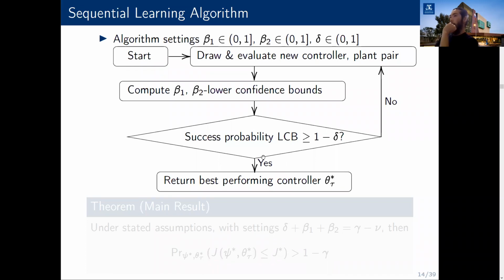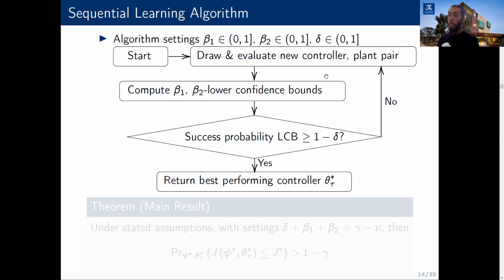So I can now give you a flowchart of what the algorithm looks like. At the moment, some parts of this algorithm might seem opaque because I haven't provided all the details yet. But the main things are you've got these algorithm settings, beta 1, beta 2, and delta. And this algorithm is going to sequentially draw samples from our distribution. So it draws a sample of a controller plant pair, evaluates that to get a sample of performances.